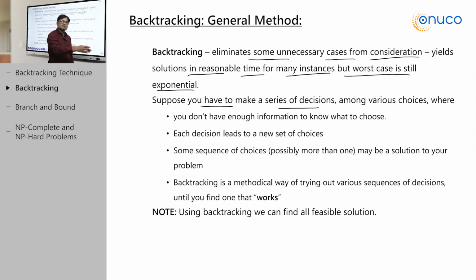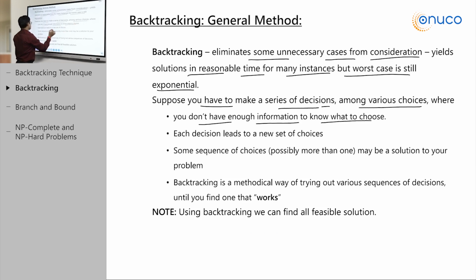Choice three you are going to apply, whether you are getting feasible solutions or not. So we have many decisions to make among various choices where you don't have enough information to know what to choose, right? Each decision leads to a new set of choices. Some sequences of choices, possibly more than one, may be a solution to your problem.